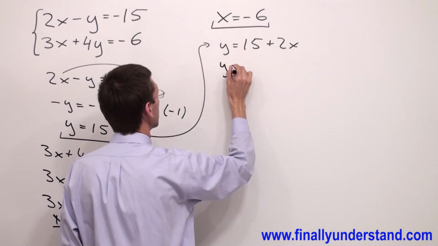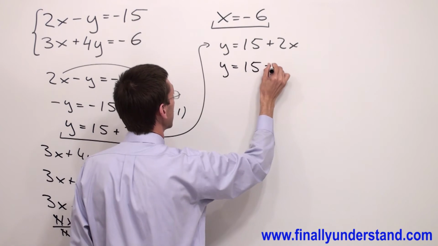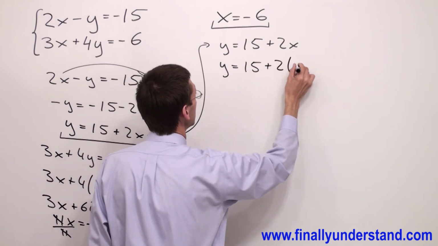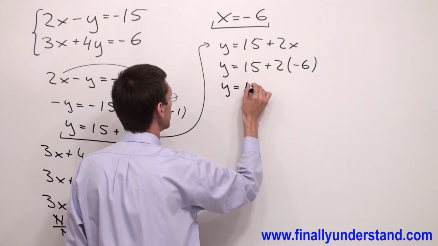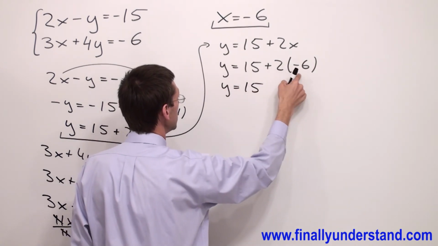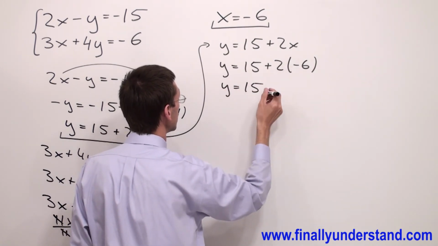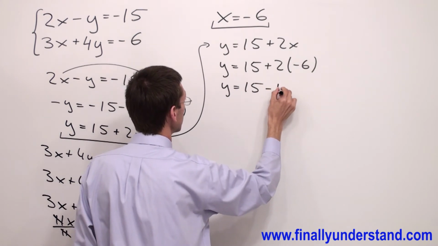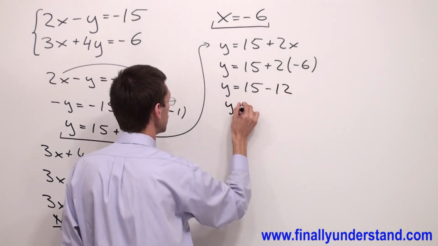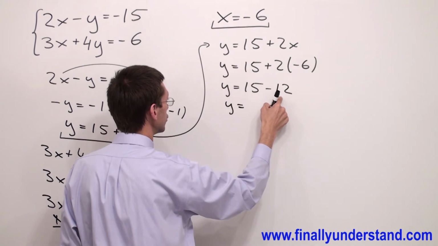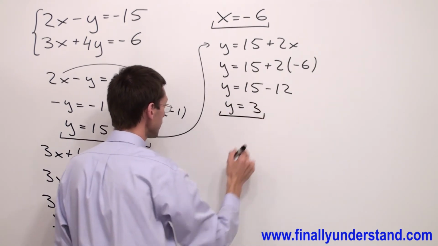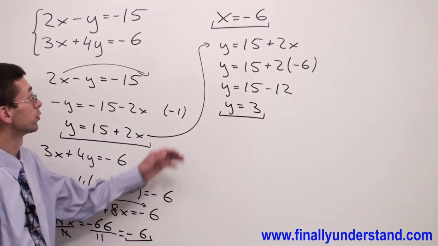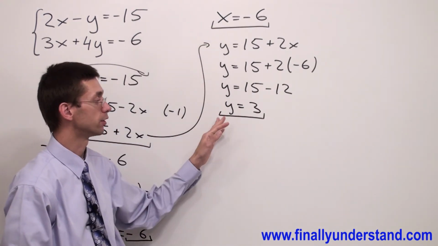I have y equals 15 plus 2 times -6. Y equals 15. 2 times -6 is equal to -12. Y is equal to 15 minus 12 is equal to 3. I got the values of x and y.